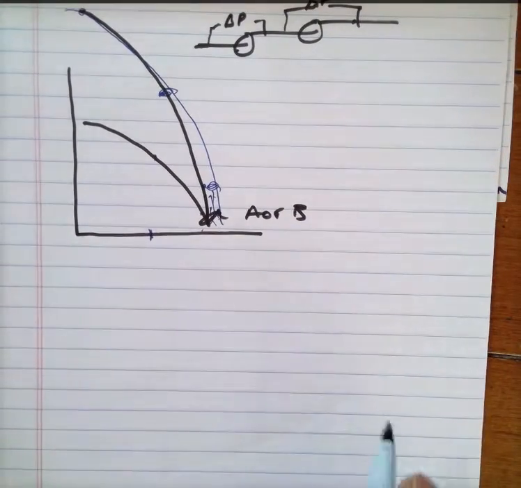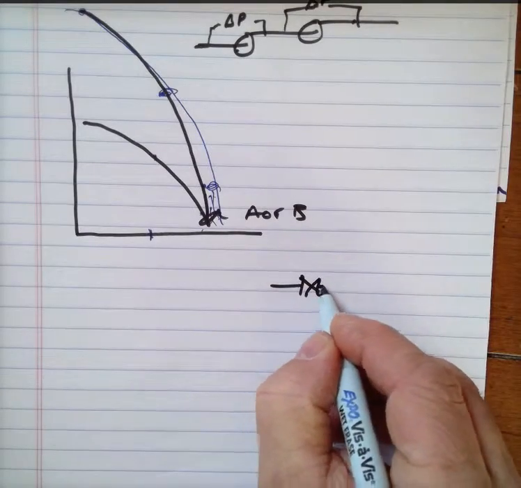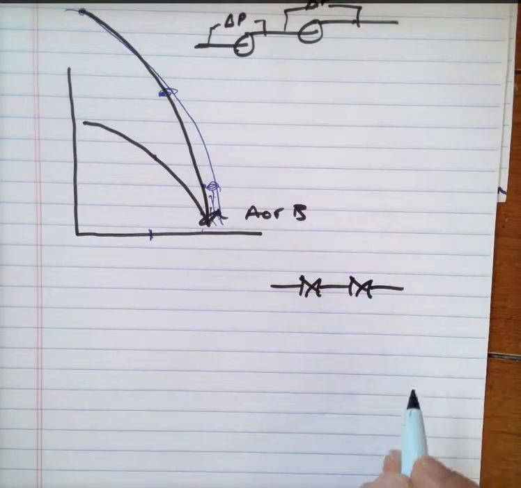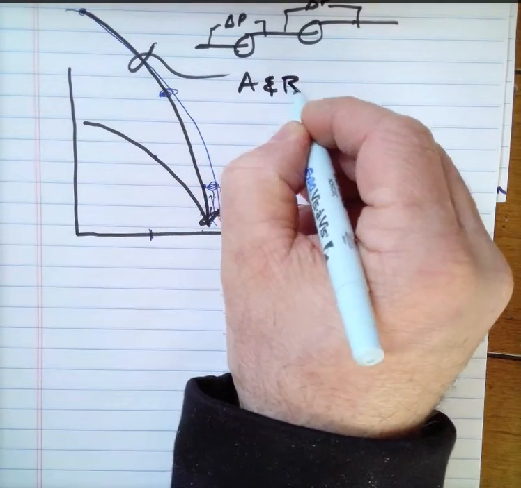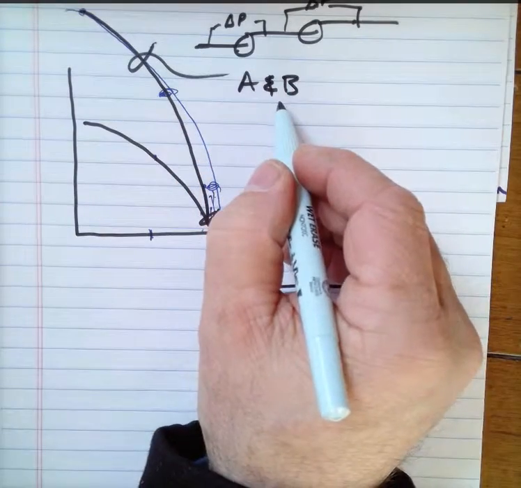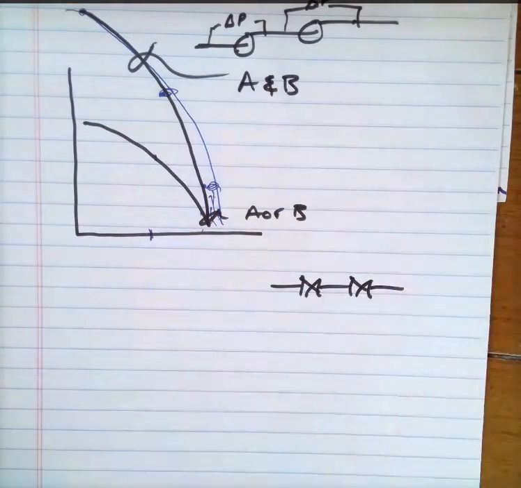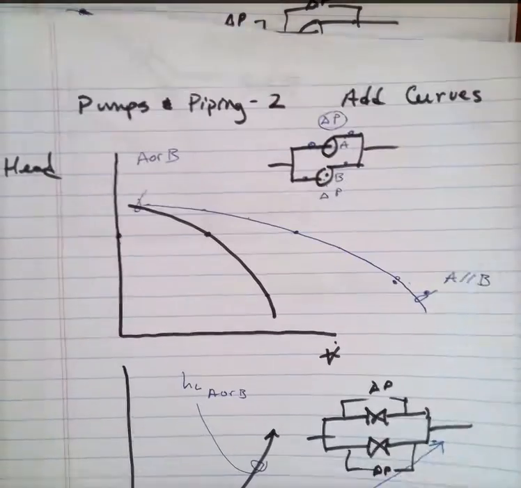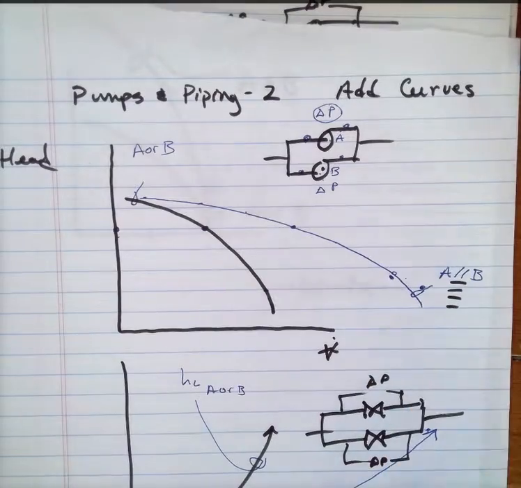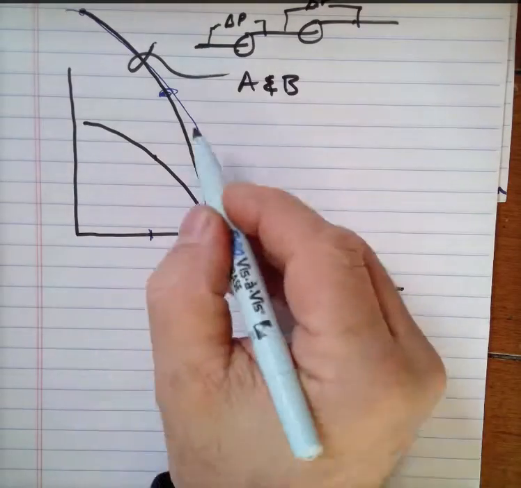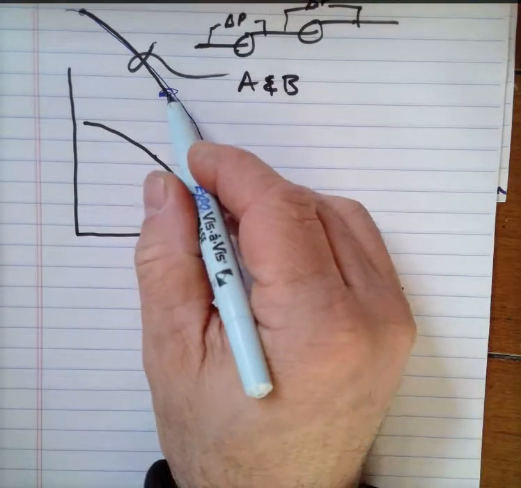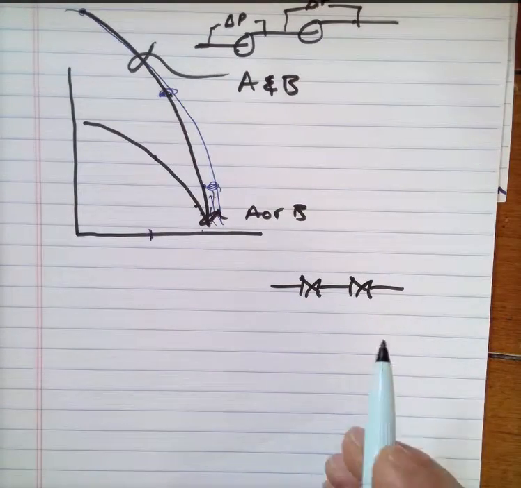This would be the pump curve for A, and the way I write series is with an "and," and for parallel on the previous page, I used the parallel symbol from geometry. So this is the pump curve for A or B, the pump curve for A and B, where they are in series.